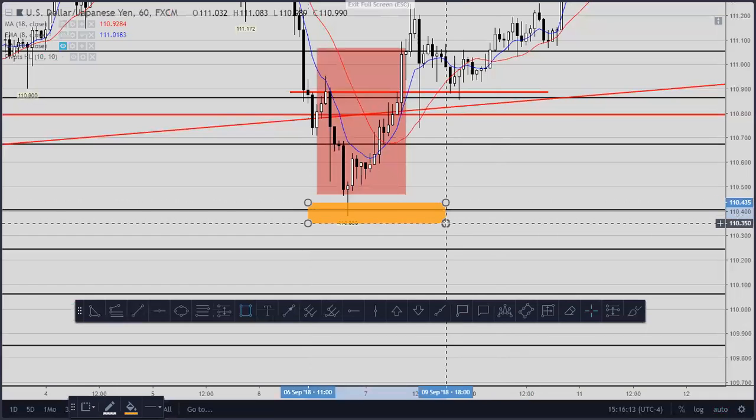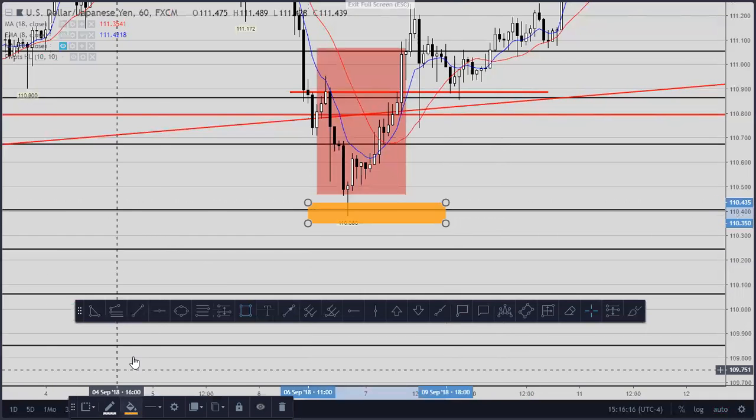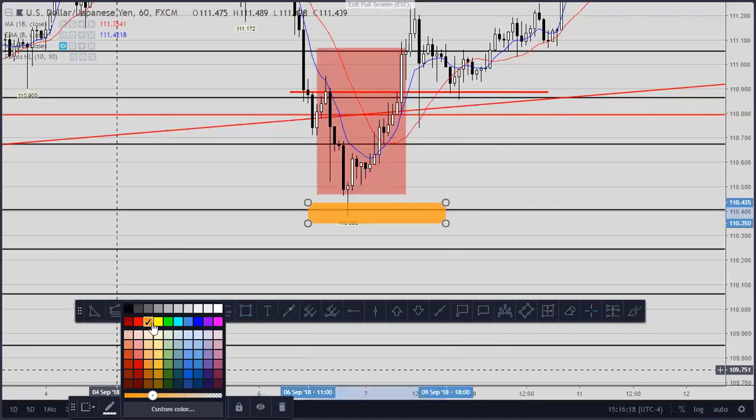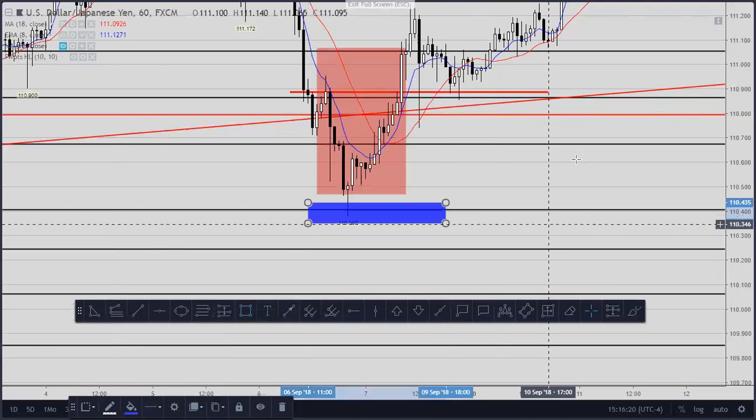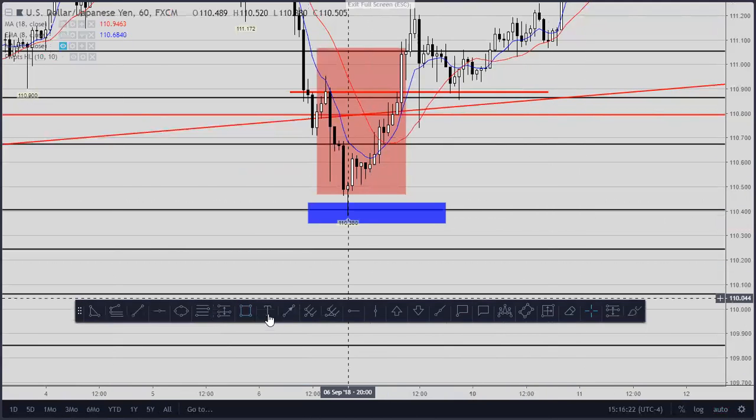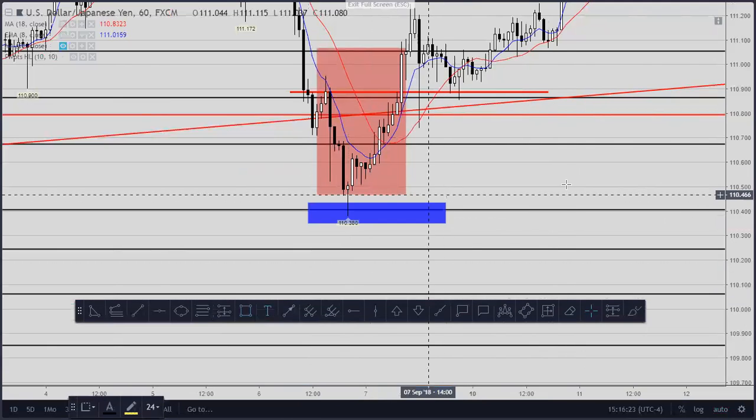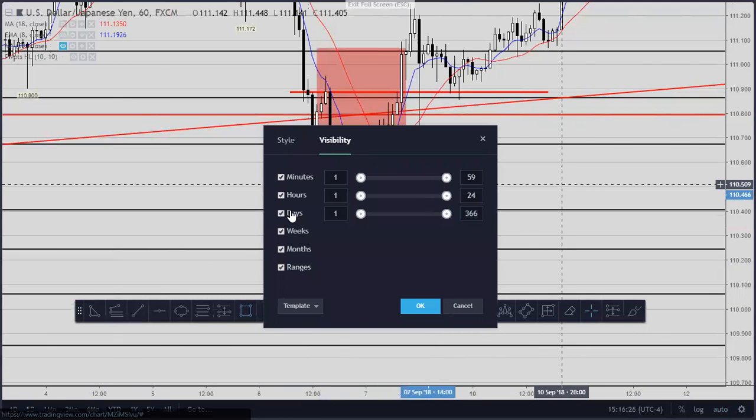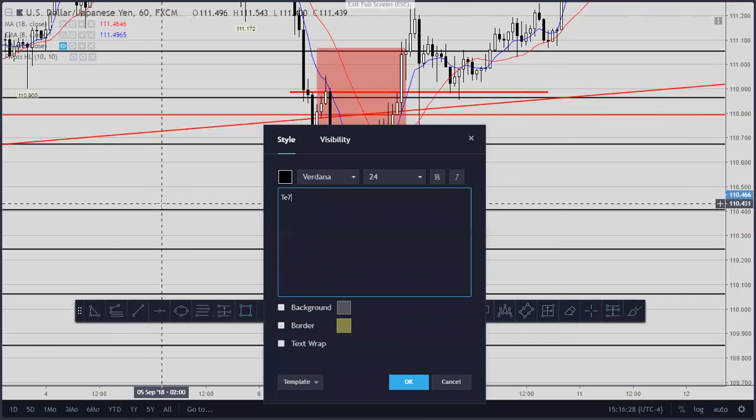That was a 78.6. Change the color. Let's do blue, and I'm gonna label this as 78.6 retracement.